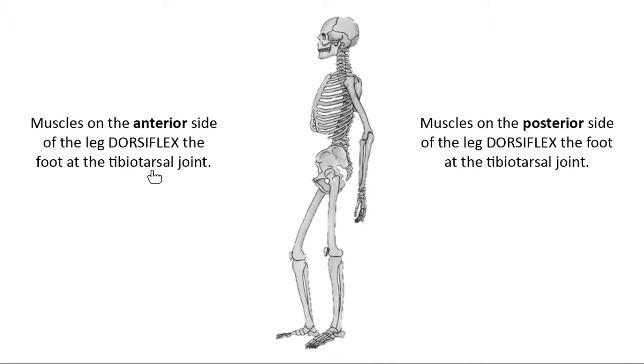Yeah, tibio-tarsal is the fancy name for the joint between our tibia and our tarsal bones back here. So the tibio-tarsal joint is your ankle joint. Remember that all of these bones down here are called tarsals. That's the one where we had the talus, the calcaneus, the tiger cubs need milk. That's these guys down here.